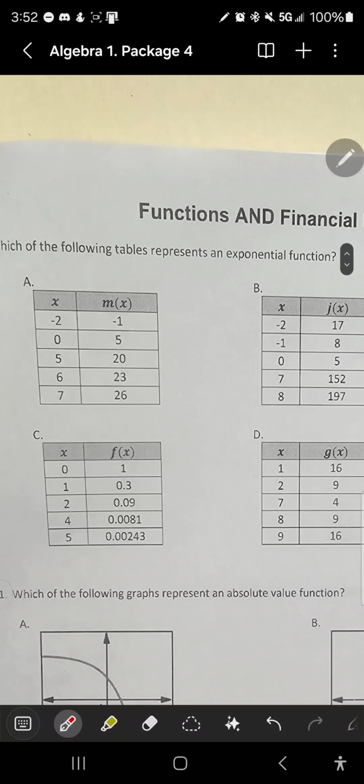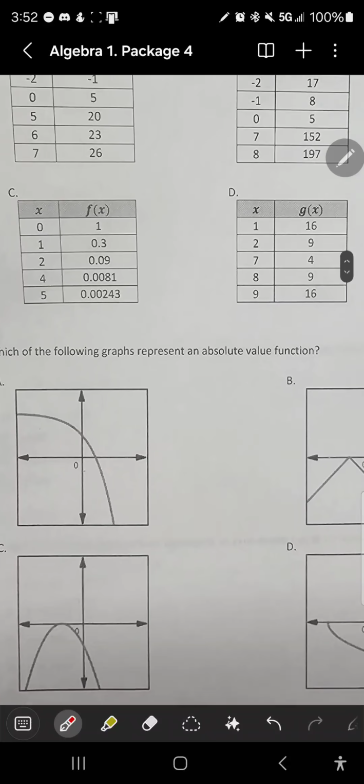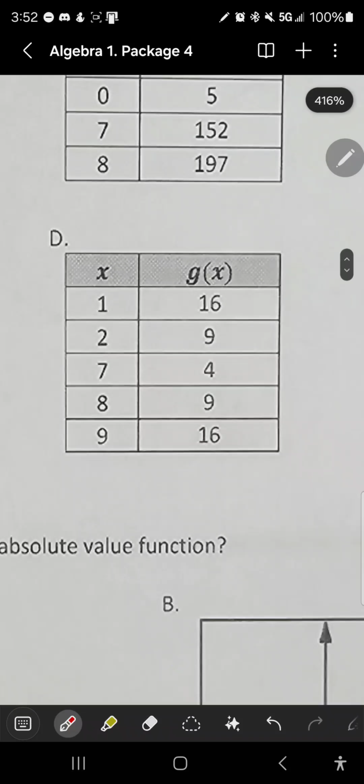So, which of the following tables represent an exponential function? Let's see. An exponential function is either increasing or decreasing over time, exponentially, so not at a fixed rate. Now, first here, you can see the same values twice. That's not a characteristic of an exponential function.